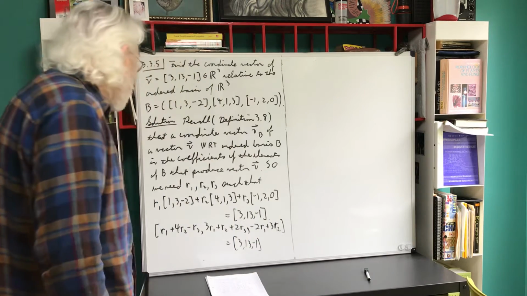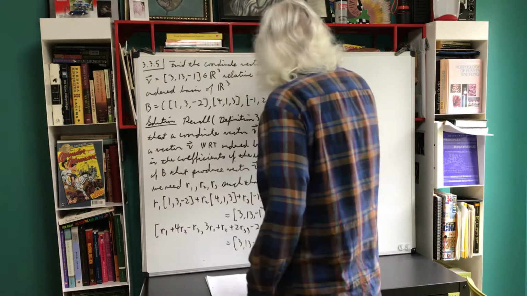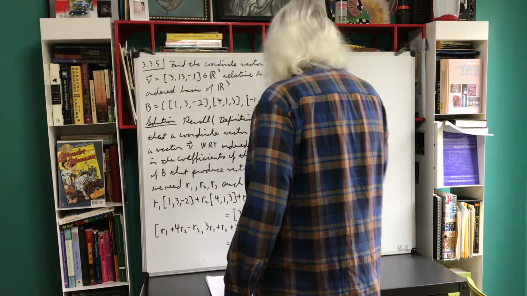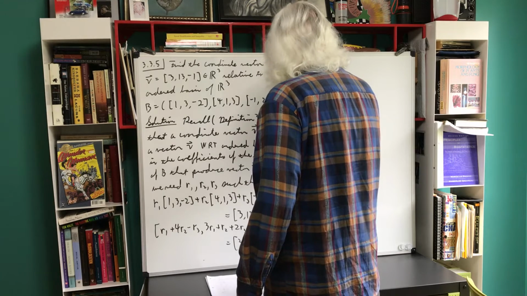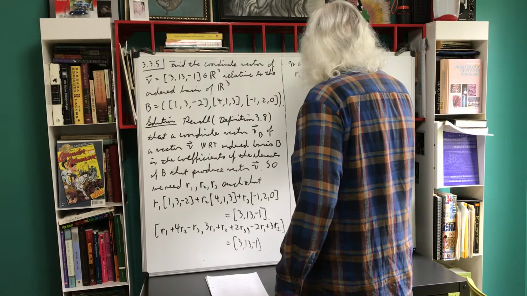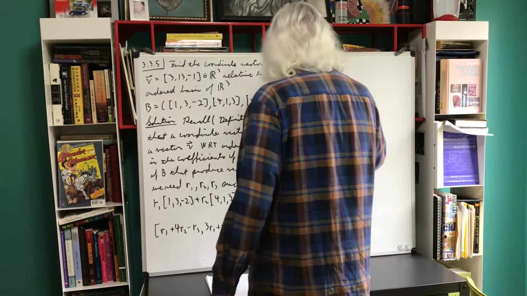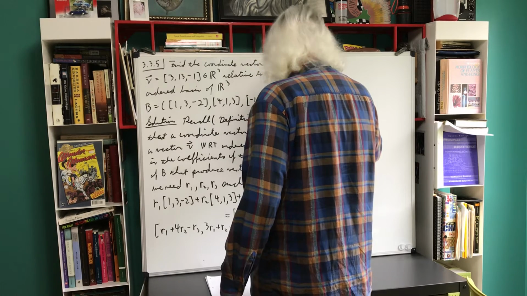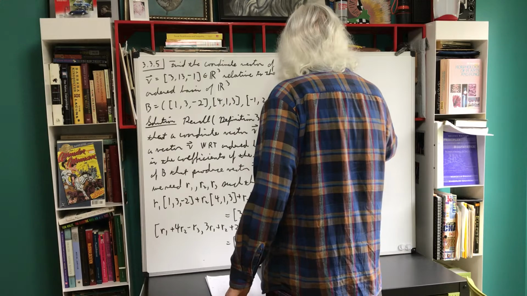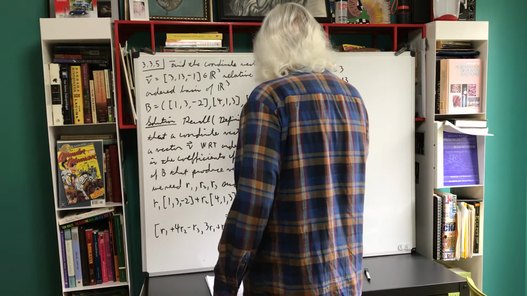Take the linear combination. Here come 3 equations and 3 unknowns. We need a solution to this system of equations. R1 plus 4R2 minus R3 equals 3. 3R1 plus R2 plus 2R3 equals 13.